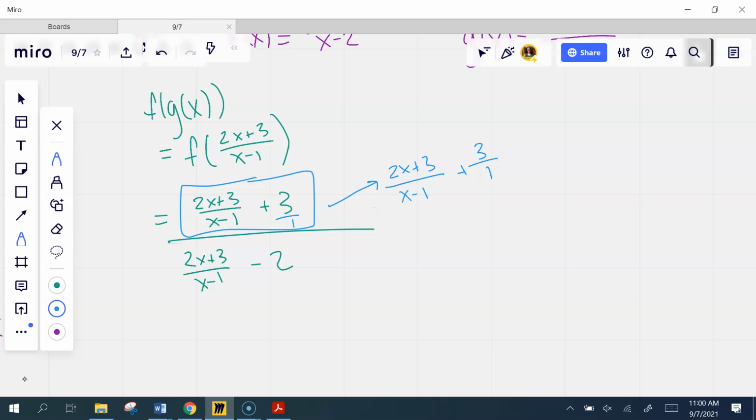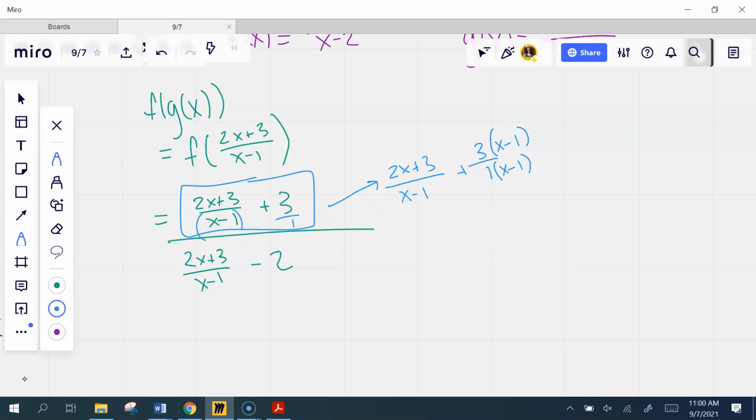The same denominator. So the second one needs what? A whole x minus 1. Sure, as long as it's the whole piece being multiplied there. No, because what I'm doing is multiplying by 1.